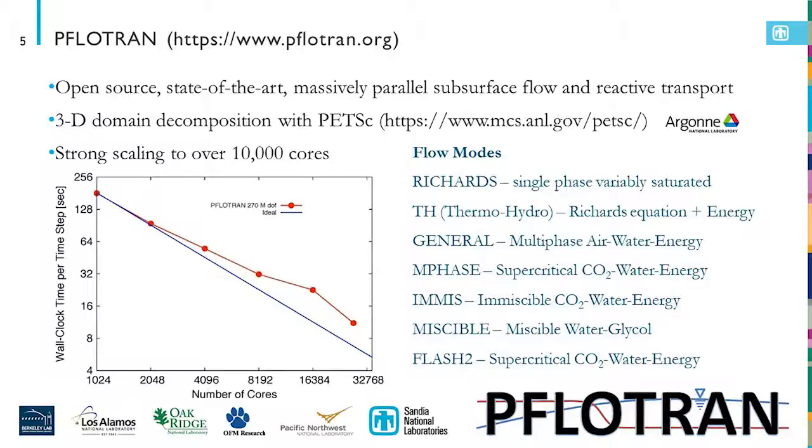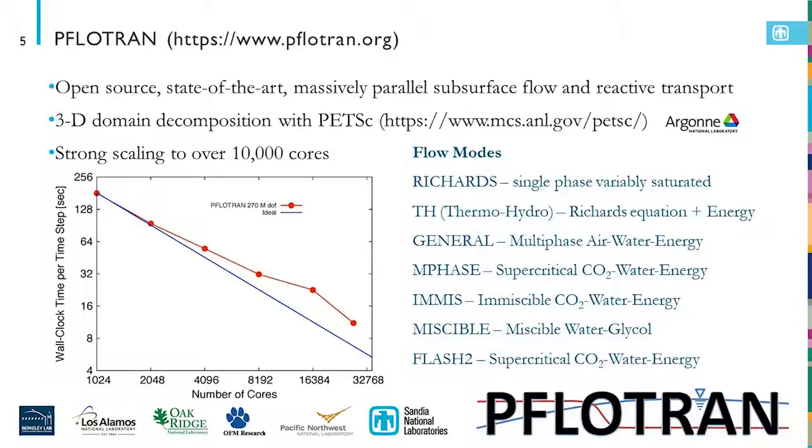PFLOTRAN, prior to the WIPP development, already had several different flow modes in it. So the point I want to make is it's not weird to be adding a new flow mode for specific use at WIPP. And some of those flow modes that are in common usage are the Richards flow mode for single-phase variably saturated flow.